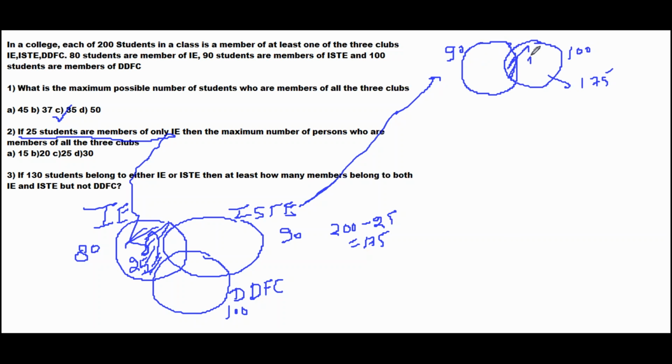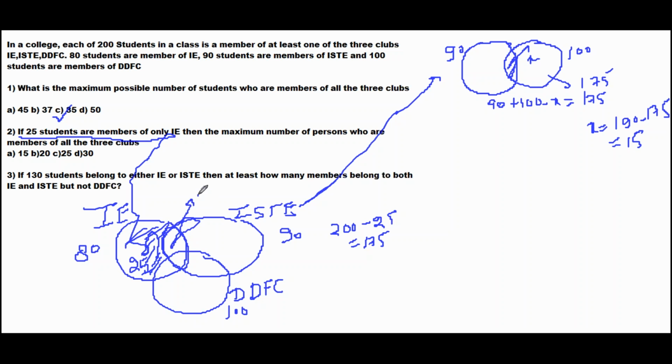Let this be x. Then 90 plus 100 minus x is equal to 175. So x will be 190 minus 175 is equal to 15. So this whole common portion will be 15.